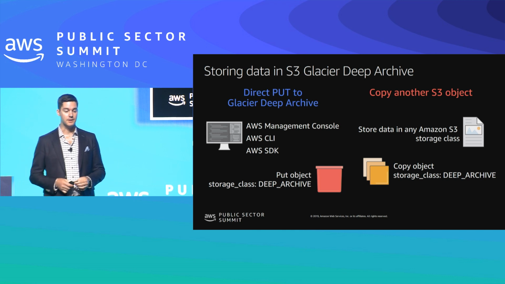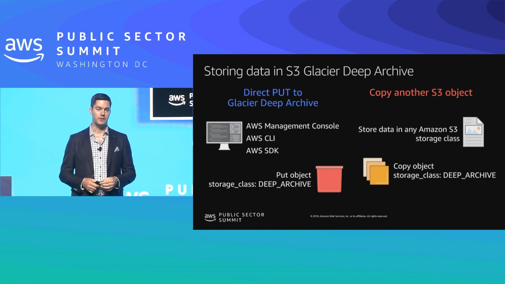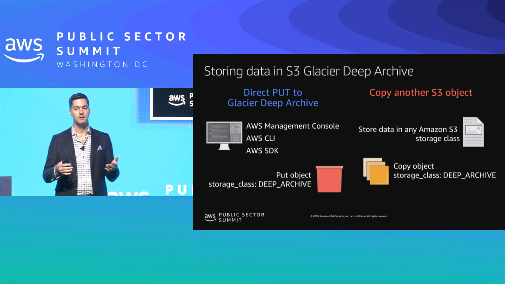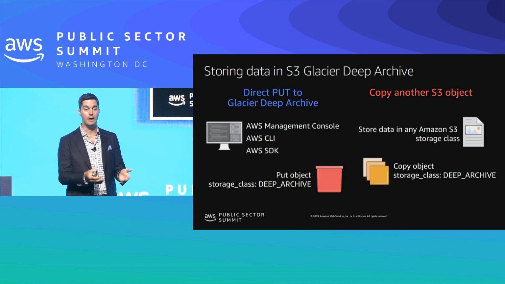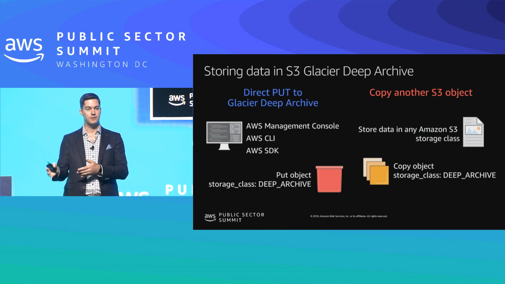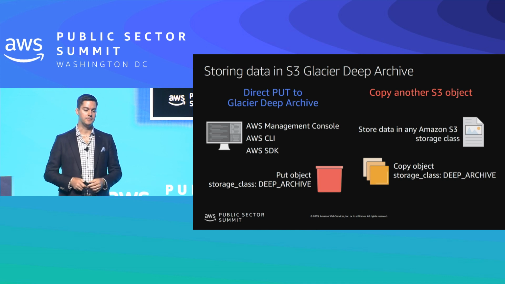Another way is to copy an existing S3 object. A great example is when I'm looking to take a copy of what I have and just keep a backup. I may do some processing on the copy, I may down transcode, but I want to make sure that I keep my original object in a low-cost, long-term, secure location, and Glacier Deep Archive is a great solution for that.